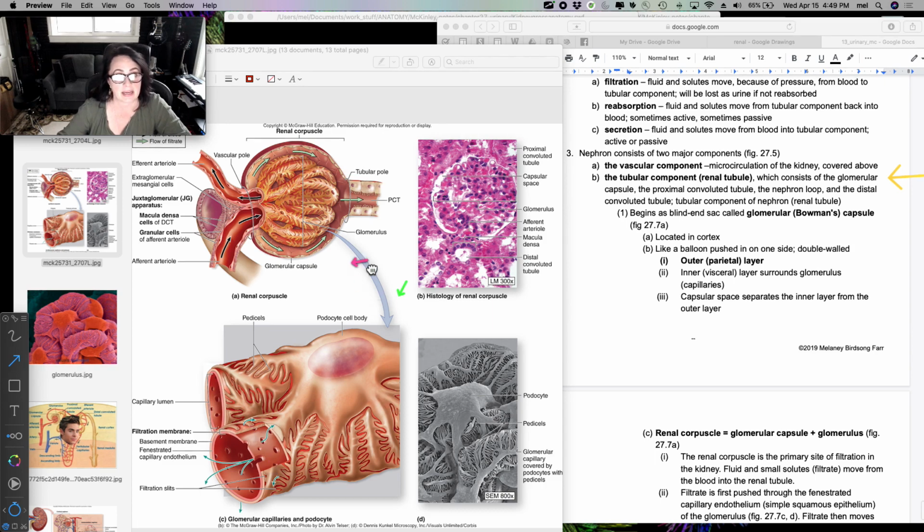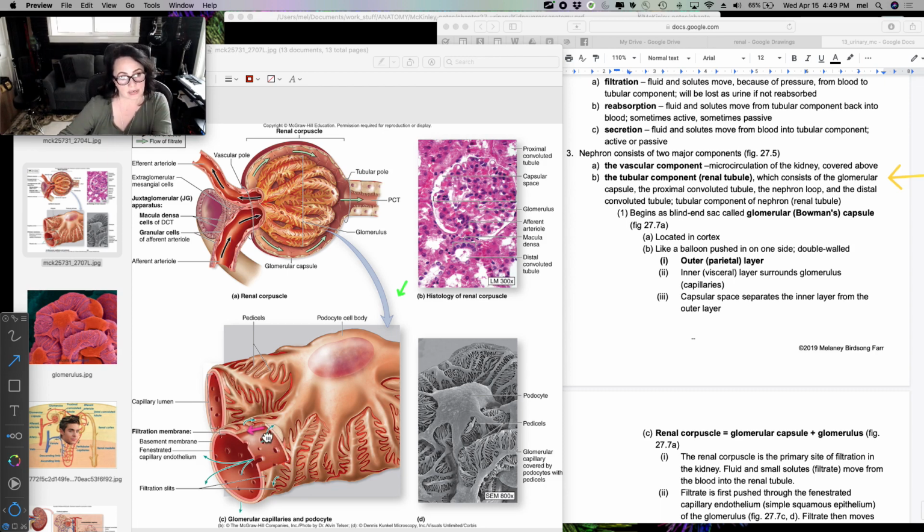And then you get a space, right, before you get to the parietal layer, right? And then what is between the visceral and the parietal layer is any fluid and solutes that you push out from the capillaries, right? They get pushed through the fenestrated capillary.